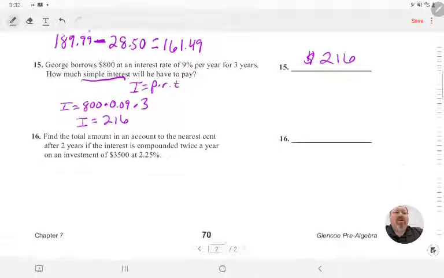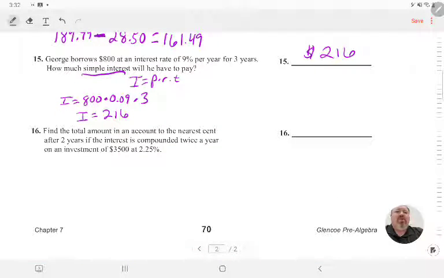Now, this last one says find the total amount in the account to the nearest cent after 2 years if the interest is compounded twice a year on an investment of $3,500 at 2.25%. So let's set it up. I equals 3,500 is my principal times my rate, 0.025 times.